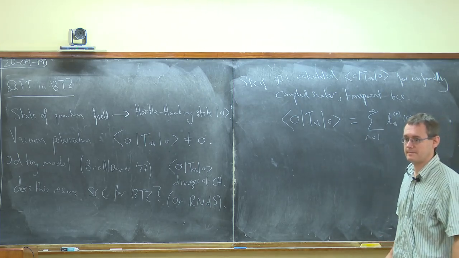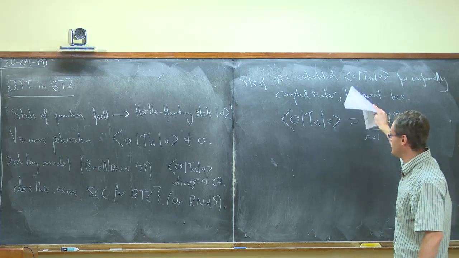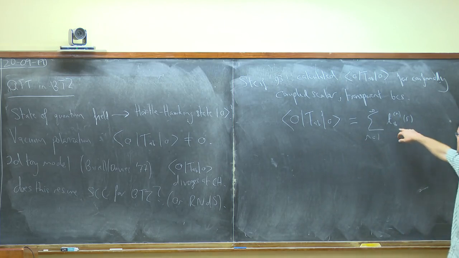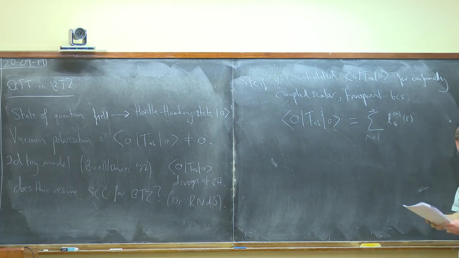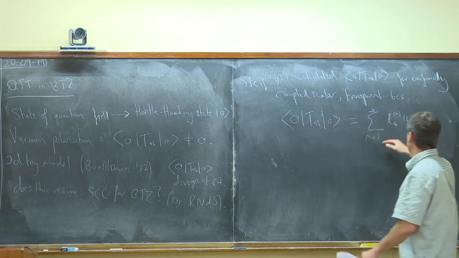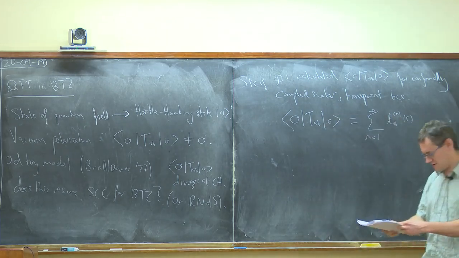He calculated it in AdS3, right? Yeah. This is BTZ. So it's a sum over a set of terms which are called T_ab^n. I think they're just polynomials in r. And since they're polynomials in r, you can evaluate them wherever you want.